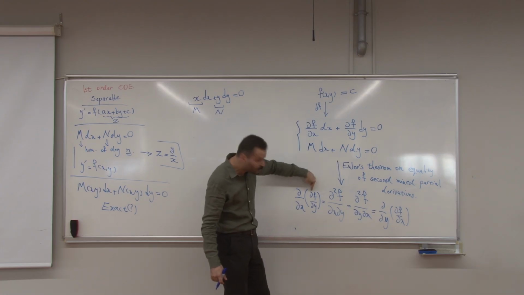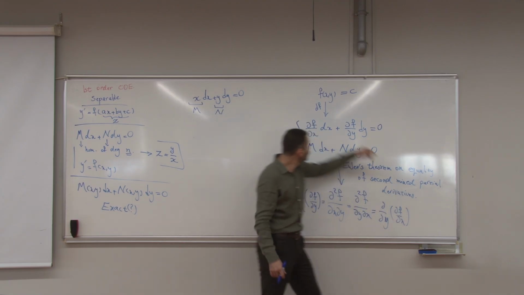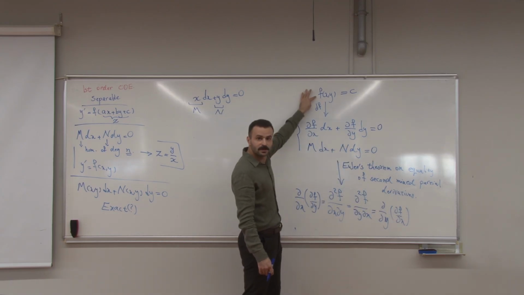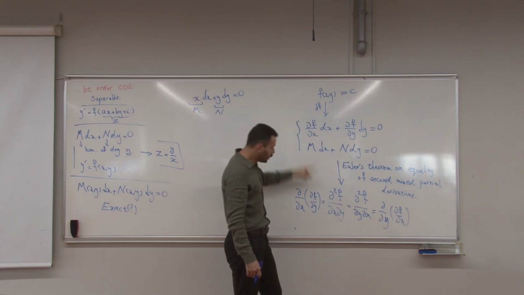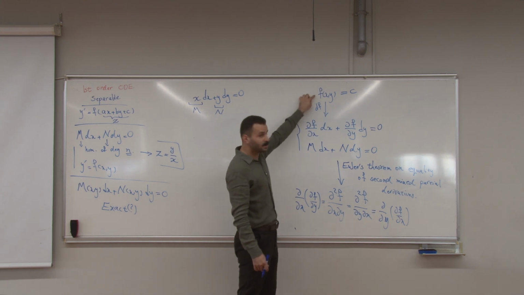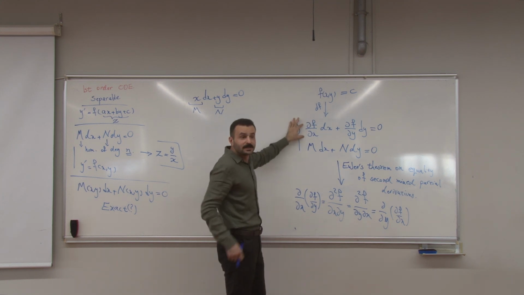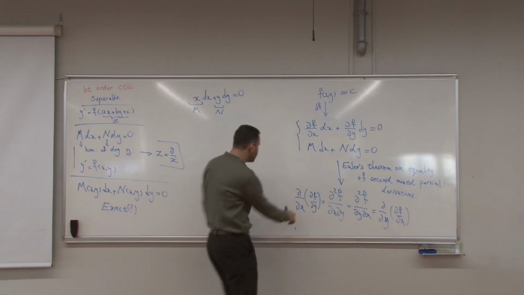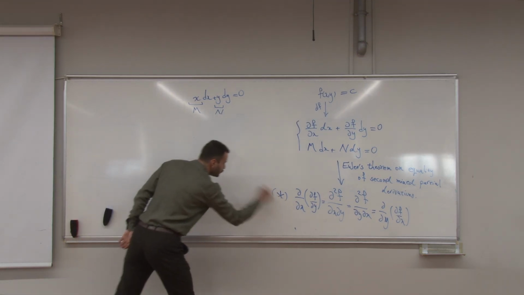So instead of this one here, I can write N. And what about this one, round of f over round of x? We have assumed that the partial derivative of f with respect to x is equal to M, right? So look at this. If this kind of a function exists such that we have this, then we must have what? What I'm going to have is this. Let me just call this star.